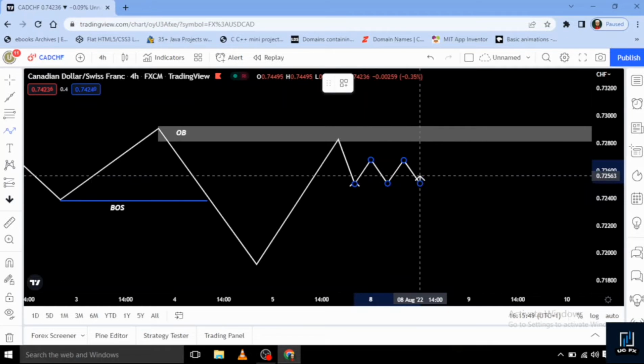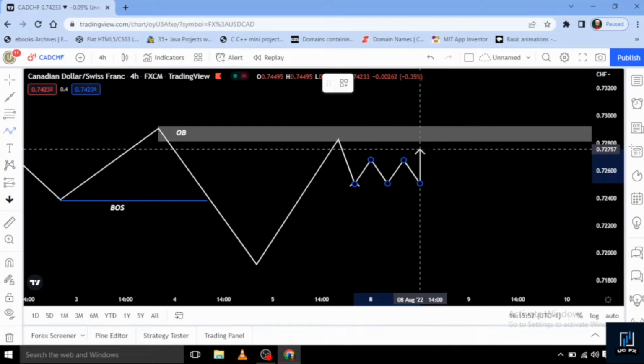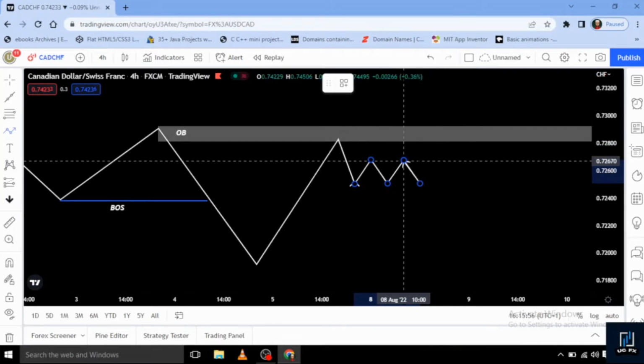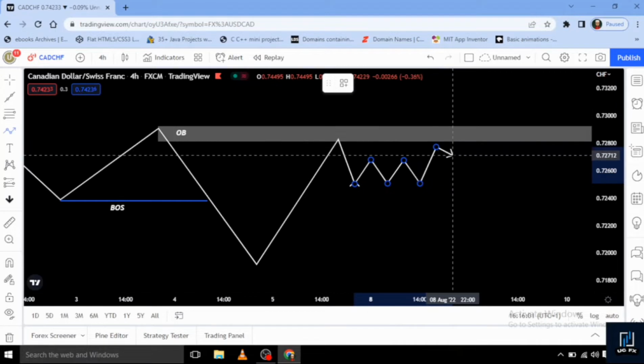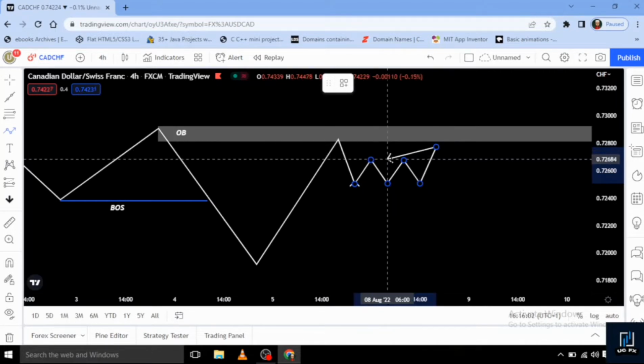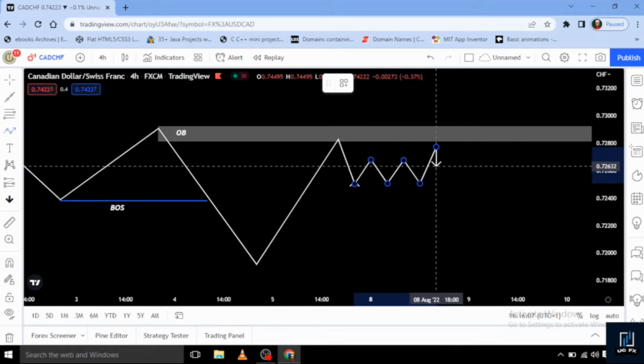So they will drive price through this area, taking out the stops of those that sold in this area. Then after that, most traders would think that this is a breakout, to continue moving to the upside, not knowing that the market is actually trying to reset for the day.